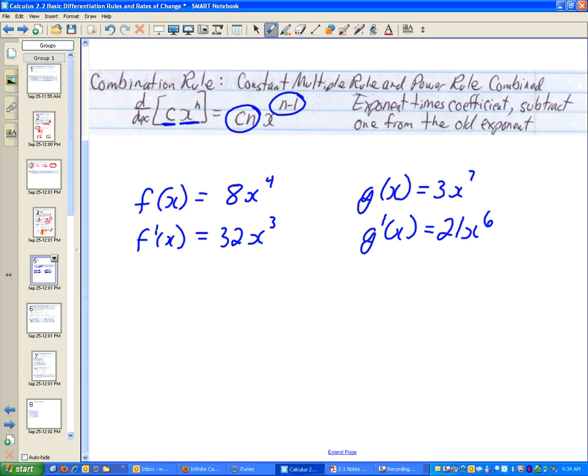What's the derivative of x cubed? 3x squared. Right? X cubed looks like this. What's the derivative of that? Okay. See, y'all scared me there.